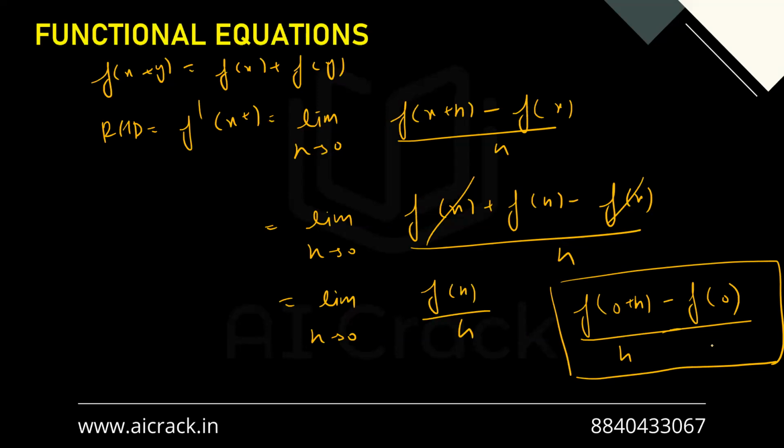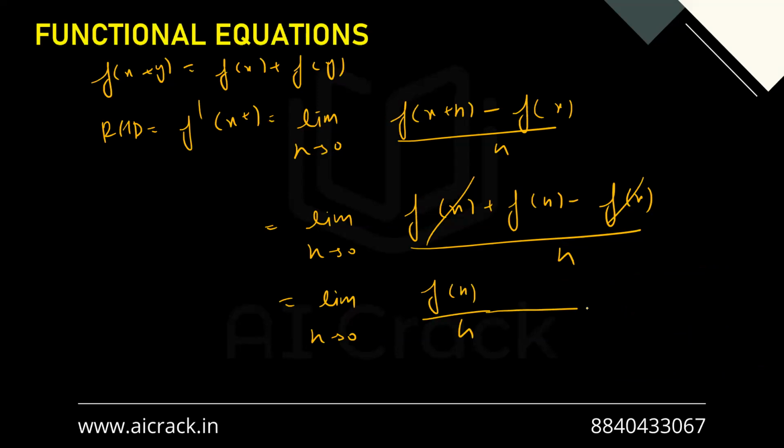F dash 0 plus would be same as f dash 0 because the function is differentiable. So f dash 0 would be a constant number, and I will be able to integrate this one when we have a constant number over here or some kind of output over here, right, based on the standard limit, right? So this is the basic idea.